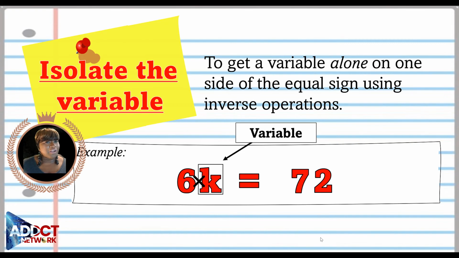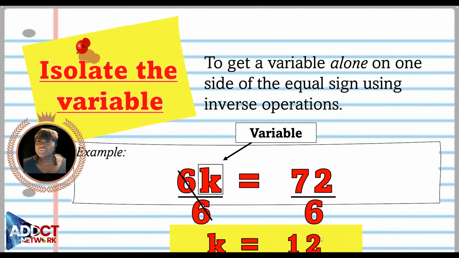Since k is being multiplied times 6, we will isolate the variable using inverse operations. The inverse of multiplication is division. Therefore, we will divide both sides of the equal sign by 6. This leaves us with k equals 12 because 72 divided by 6 is 12. There, we've isolated the variable. K equals 12 is our solution.